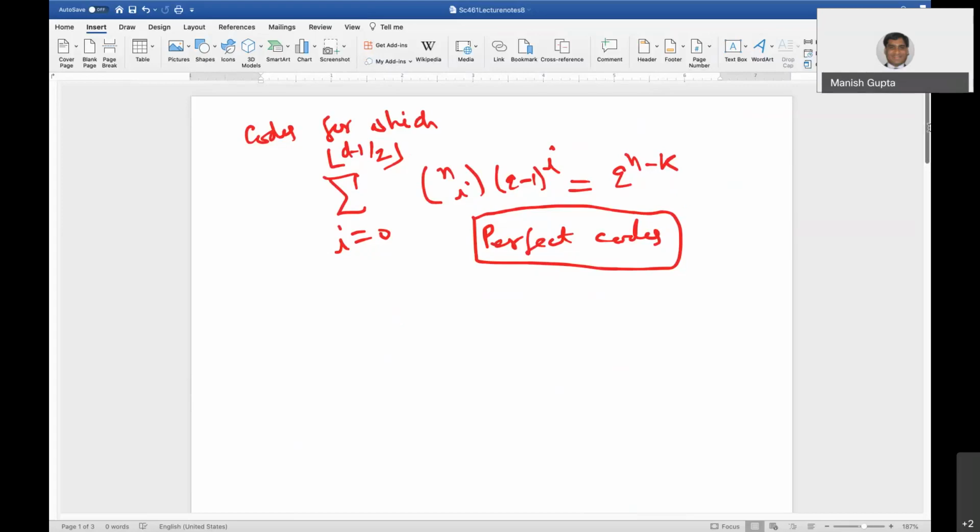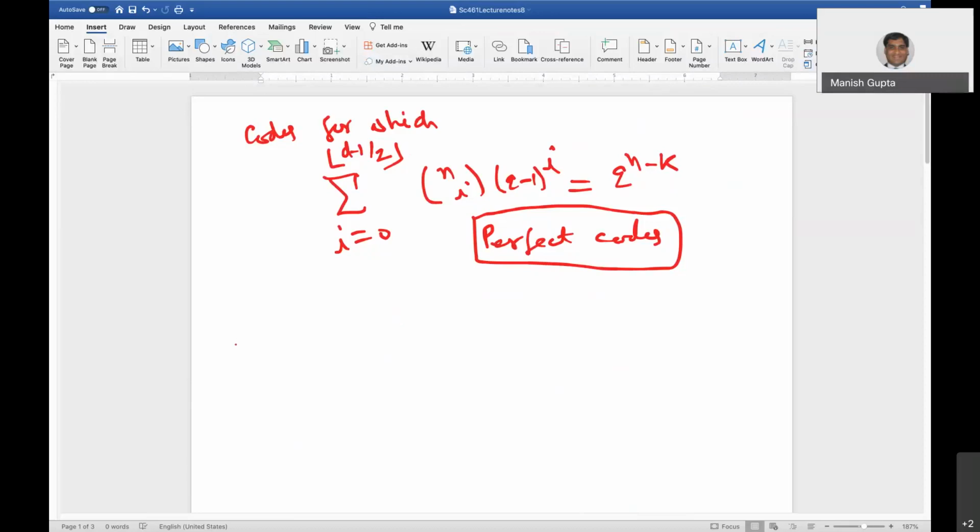There are some nice examples of perfect codes. You can solve this inequality for q, n, k, and d, and you see that certain values come up. It turns out that such codes do not exist for all values, but they do exist for three important cases.